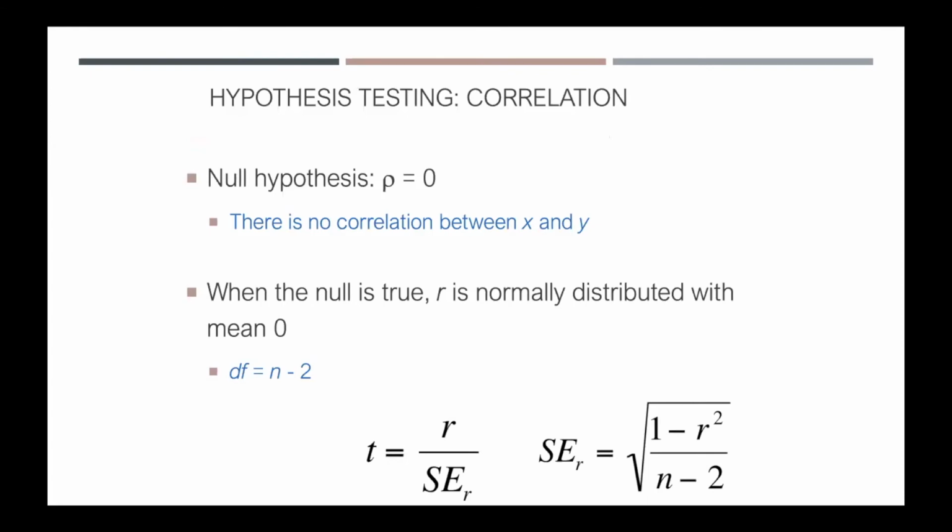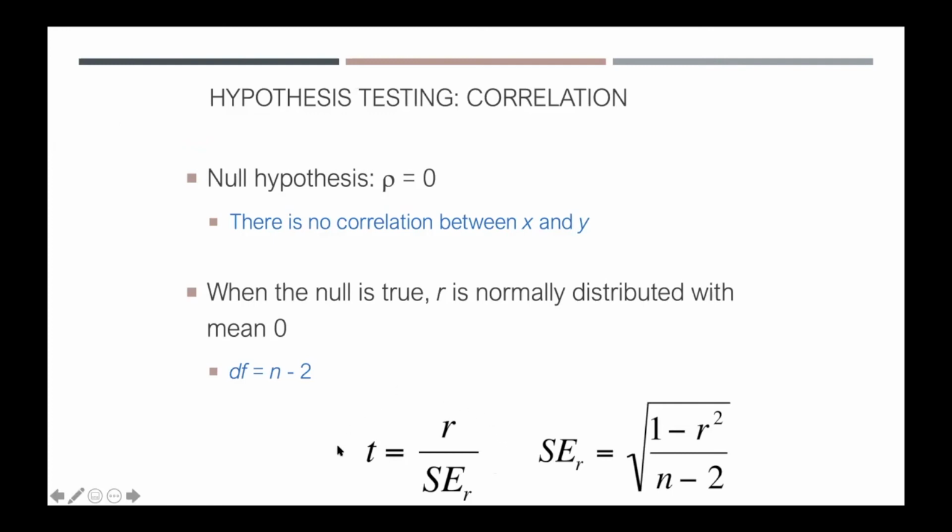So in this case, our null hypothesis is that the true correlation coefficient, rho, is equal to 0. That is, that there is no correlation between x and y. Now, when this null hypothesis is true and the true correlation is 0, then our sample estimates of r will be normally distributed with a mean of 0, and we'll have degrees of freedom equal to n minus 2.